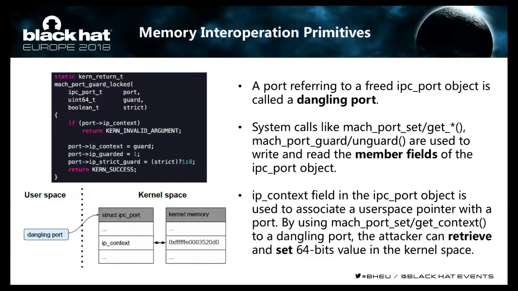By default, the ip_context field in the IPC port object is used to associate a user space pointer with a port. However, by using these APIs on a dangling port, the attacker can retrieve and set a 64 bytes value in the kernel space.